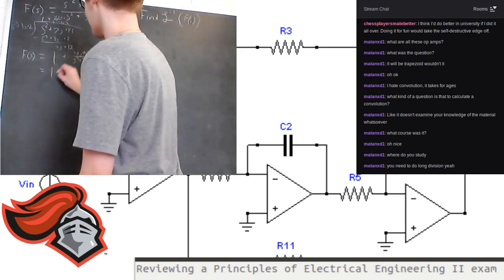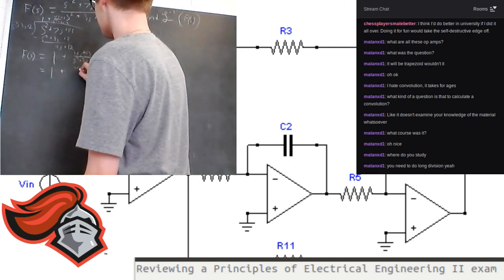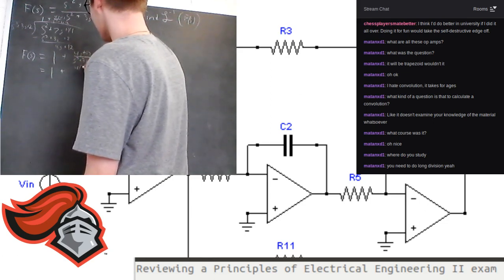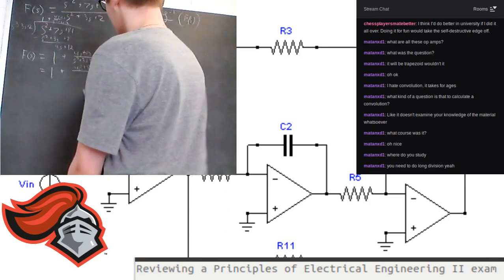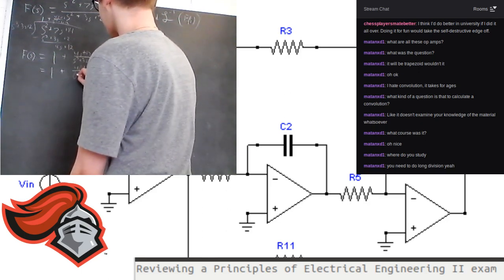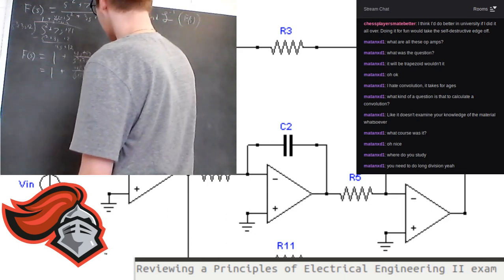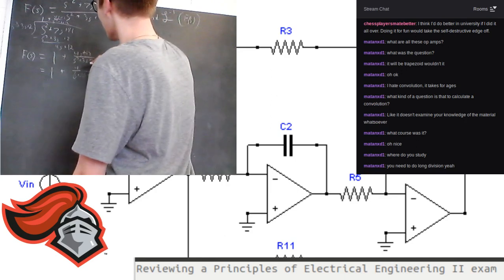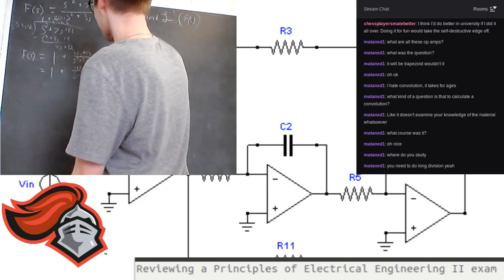So that's 1 plus 4s plus... We're going to factor this, actually. Never mind. I thought factoring was going to give us something cool, but it didn't. So we're just going to leave it in this form.